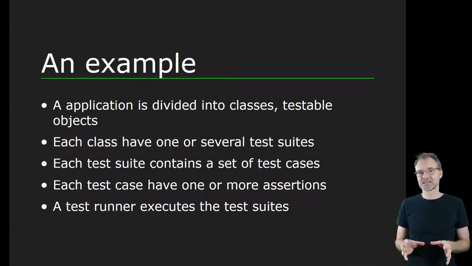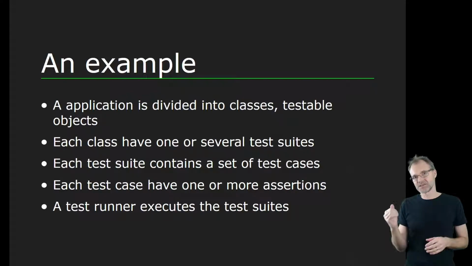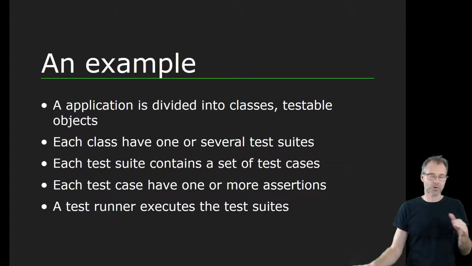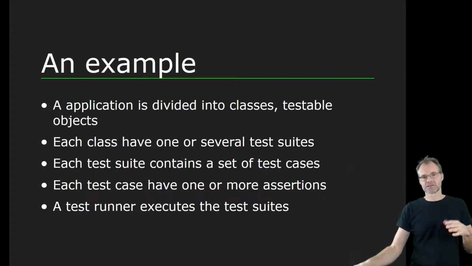And each test case has one or more assertions. An assertion is a check that the value is as expected. And each test case should have at least one of those. And altogether, to make it run, we have a test runner that executes all or selected test suites and test cases, perhaps automatically, and provides a result showing which test cases passed or failed.